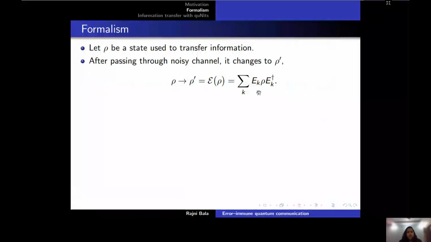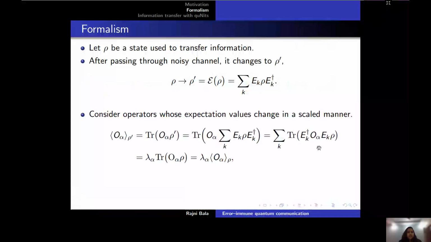Now, the idea is to look at those operators which get rescaled under the noisy evolution of the state. If we look at the Heisenberg picture, we are talking about this particular kind of operator.